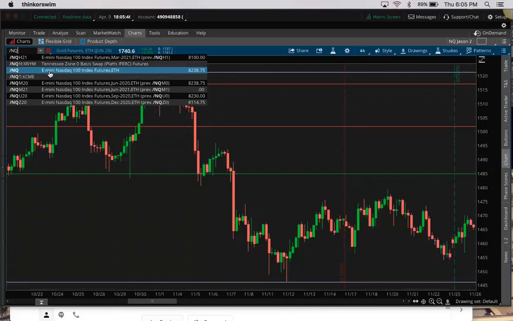And so mini just means, and that's another thing I didn't really know before I started trading futures, you could trade the NASDAQ on the full market, I'm pretty sure, or at least have an ETF. You could have ETFs of the S&P 500 or the NASDAQ, but it's so expensive to actually trade it that's why I think futures were created. So the E-mini is a mini version.